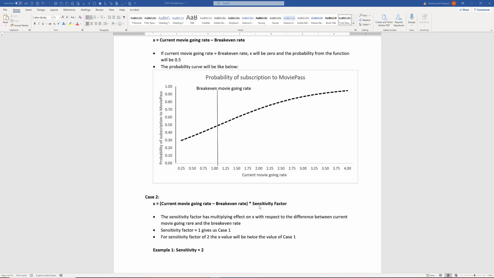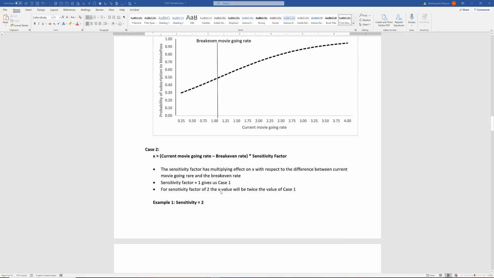So if the sensitivity factor is less than 1, then the difference between movie going rate and break-even point is now reduced. Okay, so if you say 0.5, then this difference is halved. If it is 1, it's kept as is, and if it is greater than 1, then this difference is amplified. Like if it is 2, then you take the difference and make it double.